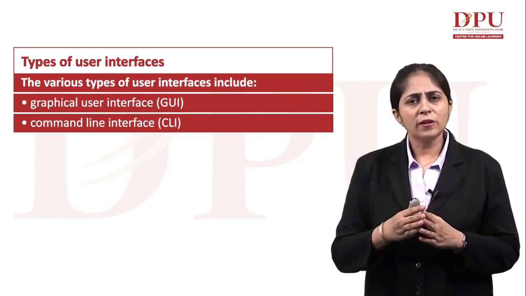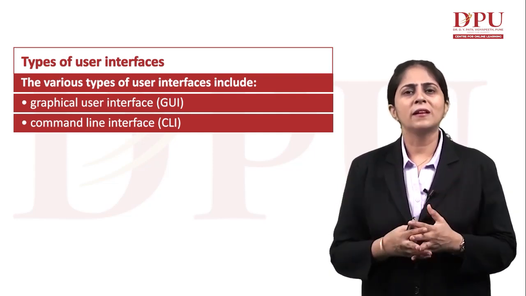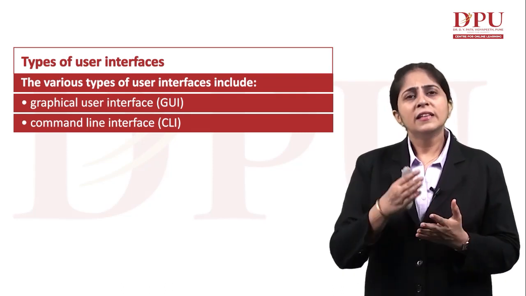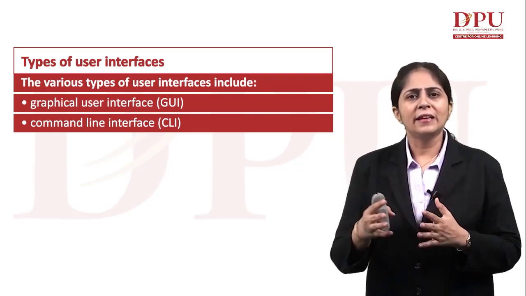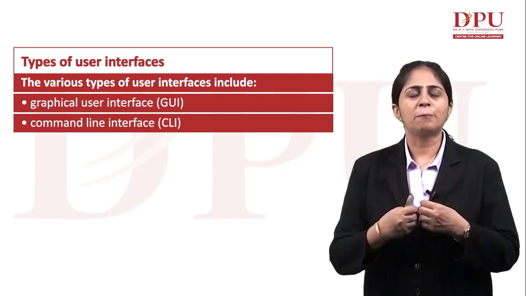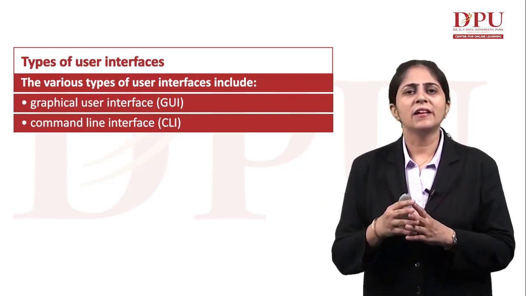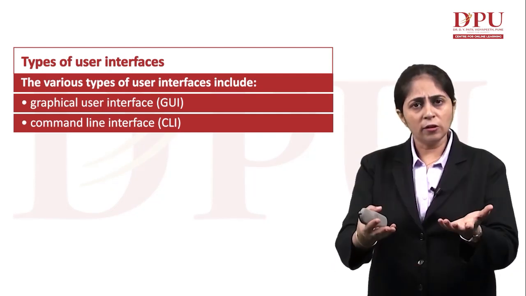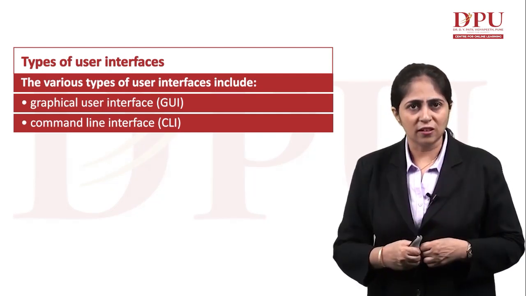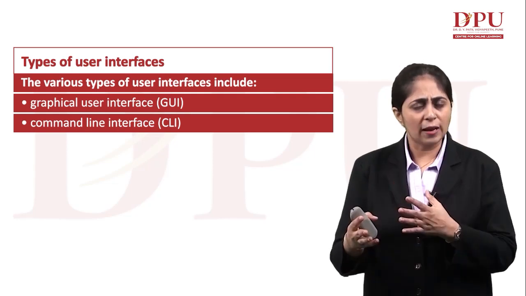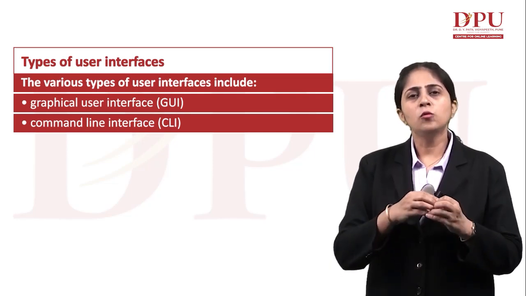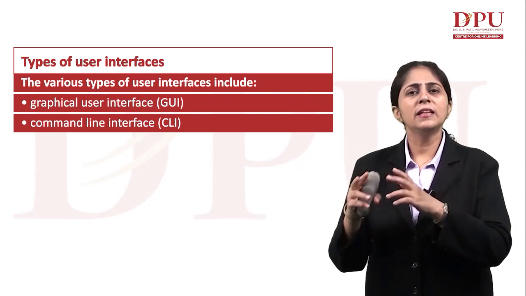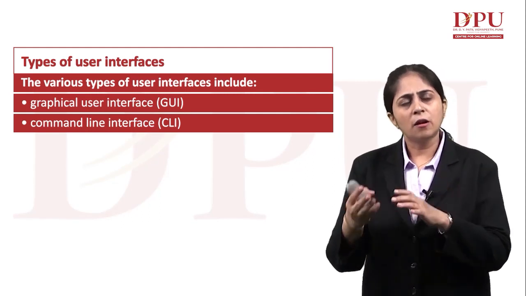So in this, if you have some operating system like Unix, they provide the command line interface. That means for every application to perform anything, they have to write down the command for it, and in accordance with that, they will receive the result. So command line interface is a type of interface in which the user has to write down everything in the form of commands.